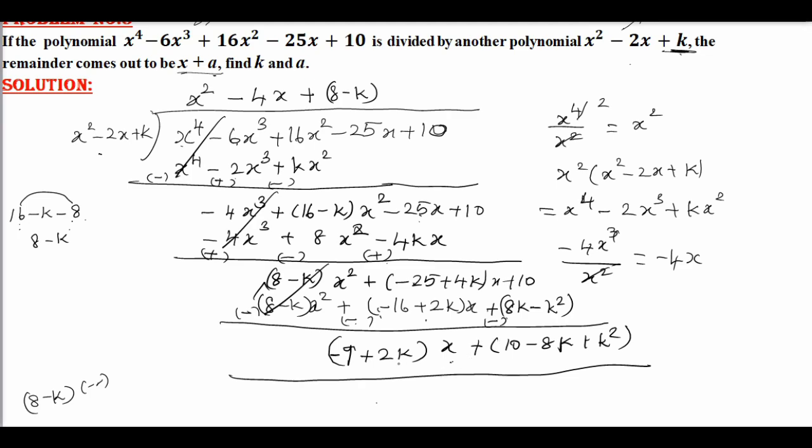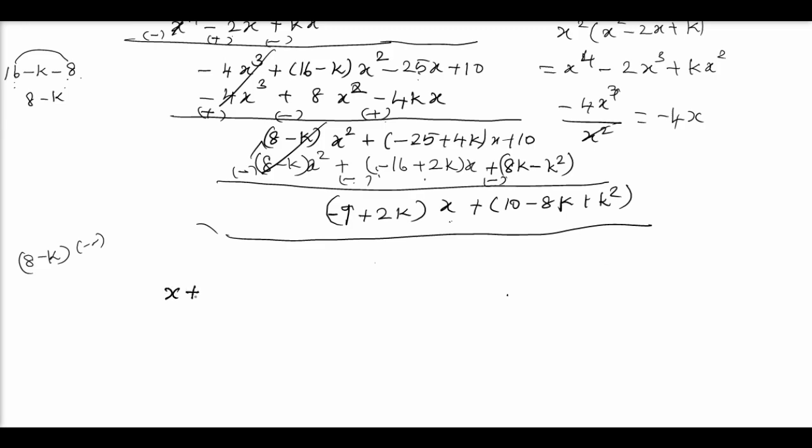I will equate their coefficients so that I will easily get what is k and what is a. Right? The remainder given in the problem is x plus a, and the remainder I have got is minus 9 plus 2k into x plus 10 minus 8k plus k square.